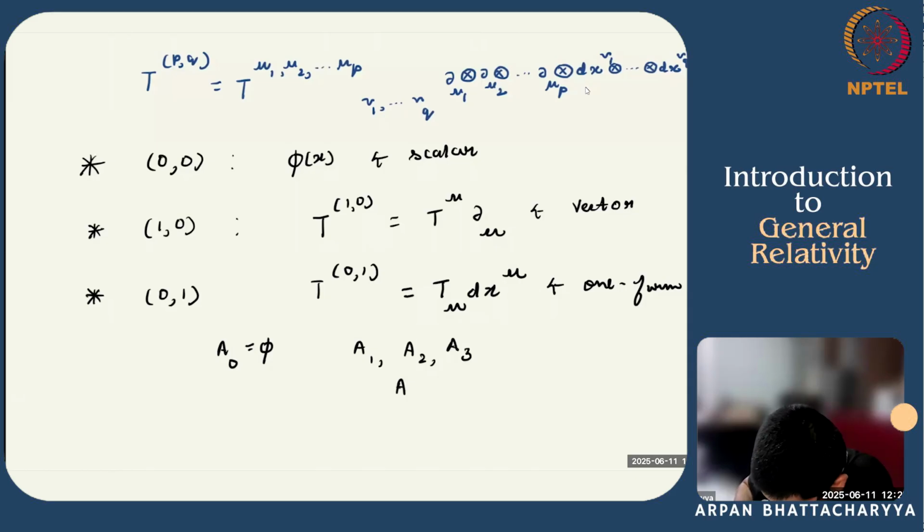This is like this three vector, and together these four components form the one form, which we can write as A mu dx mu.